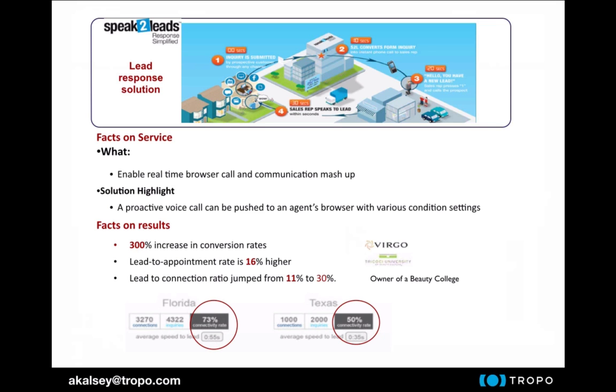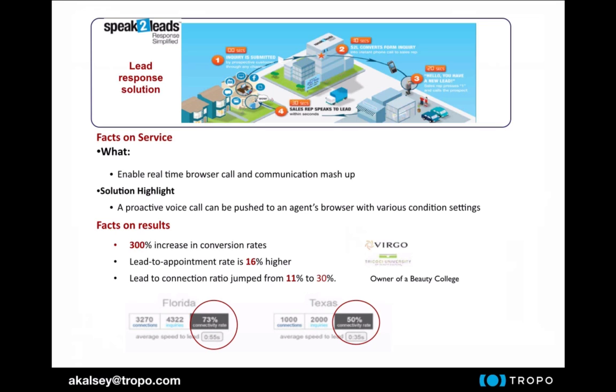A company called Speak to Leads builds a product that allows a web form that gets filled out where you want to have a sales rep call you. Maybe you're looking for auto insurance and you're filling out forms on auto insurance company websites. The typical workflow is you fill out the form, you hit send, that sends an email or a message off to a sales manager somewhere.